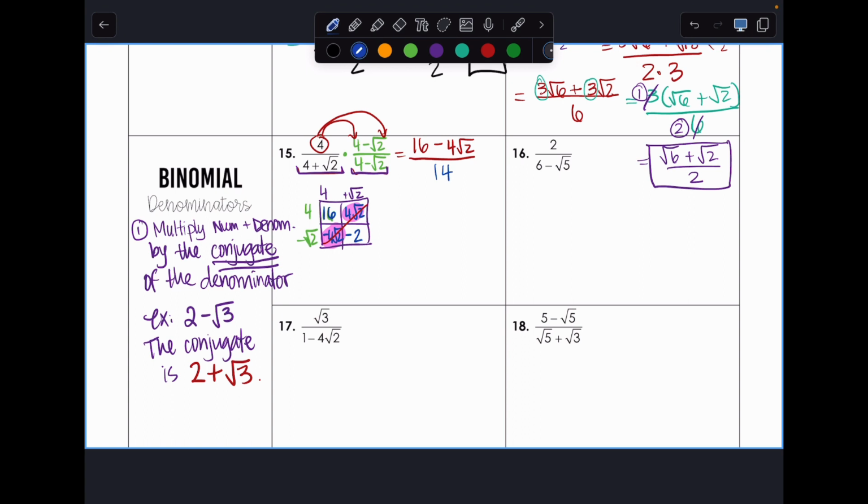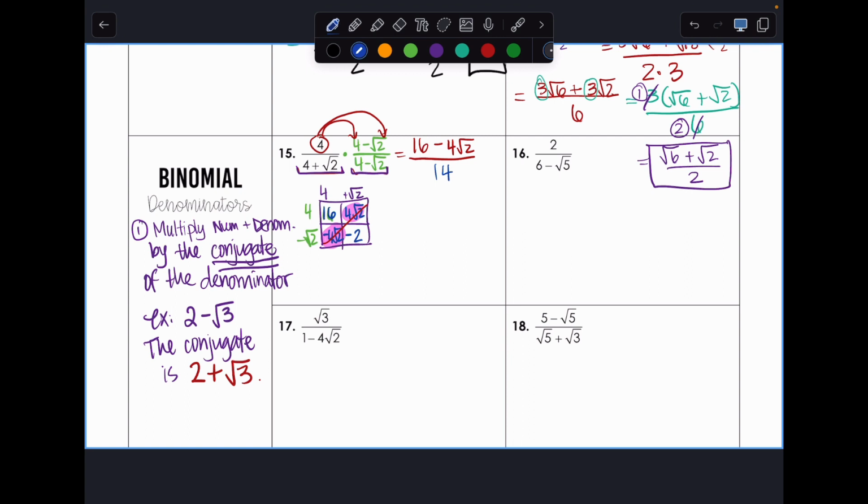Can I factor out the numerator? Possibly. What can I factor out? 2 or 4, right? Why would 2 be better than 4 in this case? 4 can't simplify with 14, even if I factored it out. But I can simplify 2 with 14.